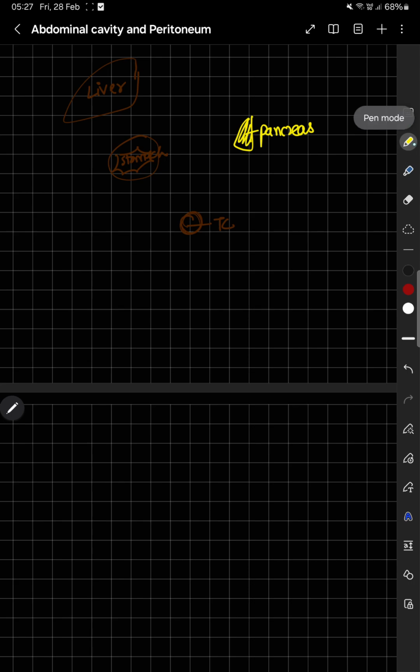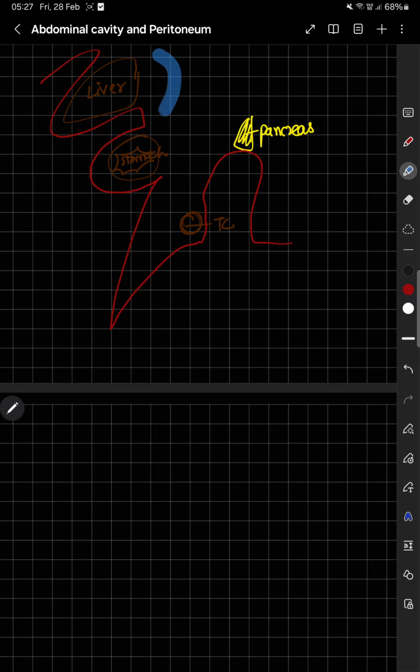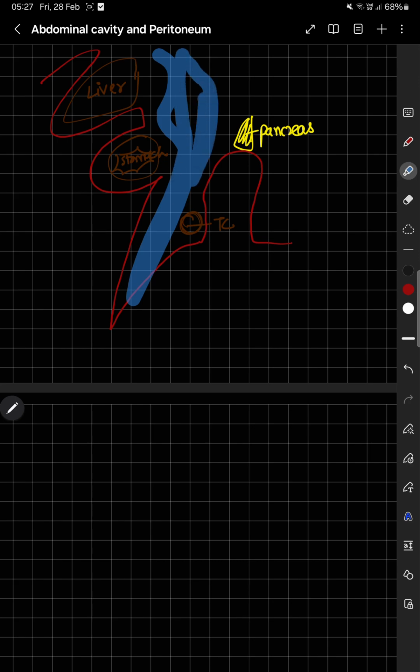Transverse colon, pancreas, and we basically have our peritoneum here. We have the liver, we have the stomach. It'll go down like this, come back, cover the transverse colon, cover the pancreas, and then we'll have the third part of the duodenum here. And then obviously we have our lesser sac to be drawn here, which goes all the way down here and here, all of this.